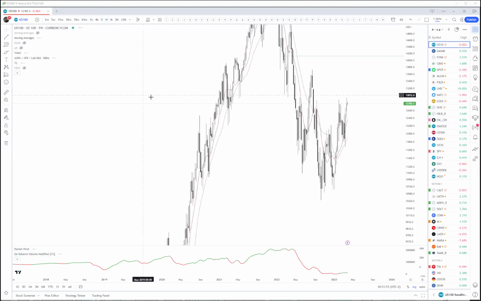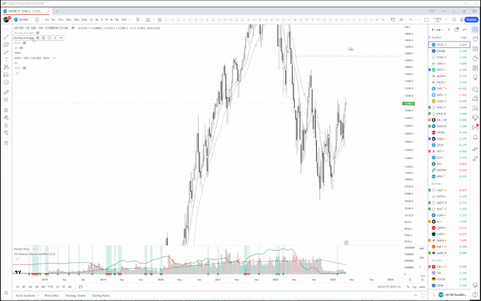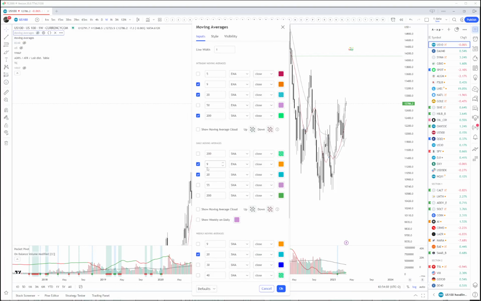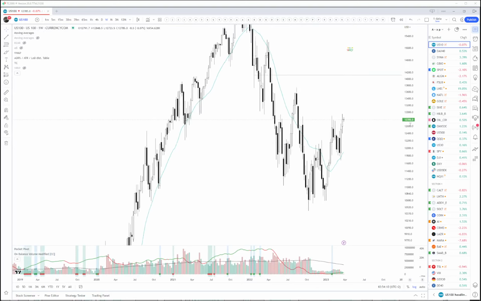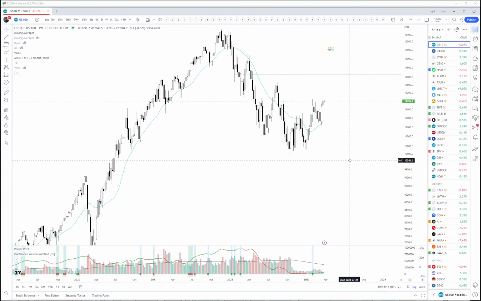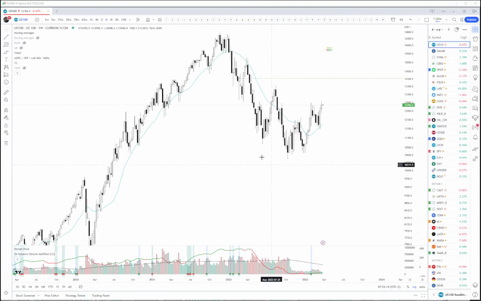If we look on the weekly and we turn on, actually I'm going to turn this on here, it's already on, and then we turn this off and this on. Okay, so now we have the 20 weekly, and let me show you something which is kind of interesting.